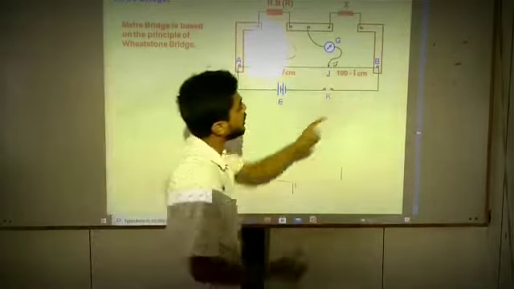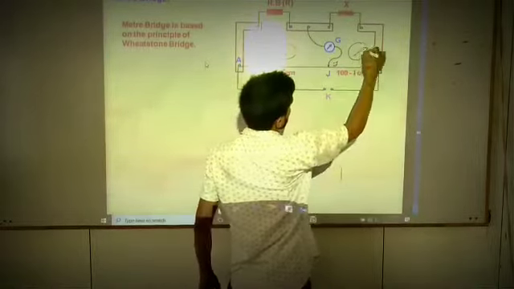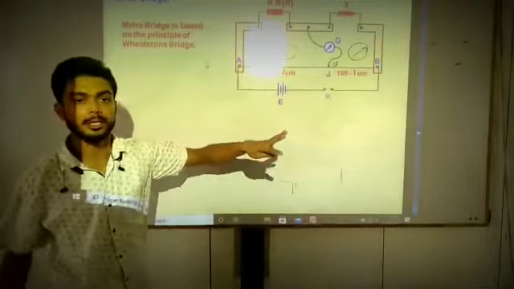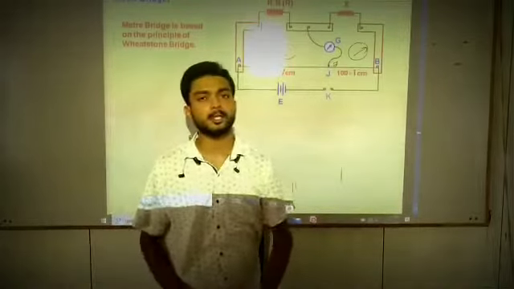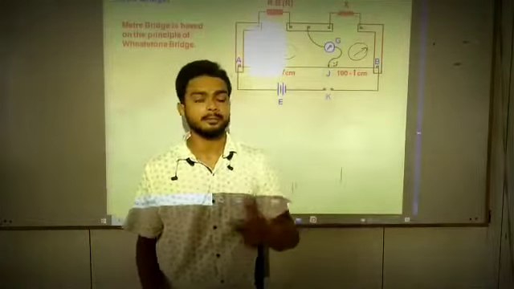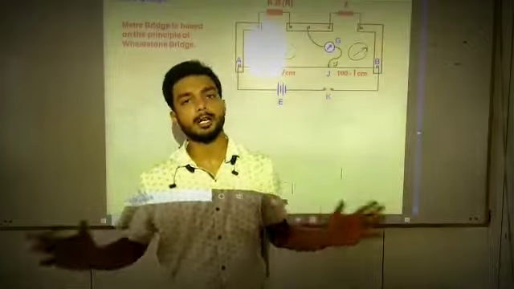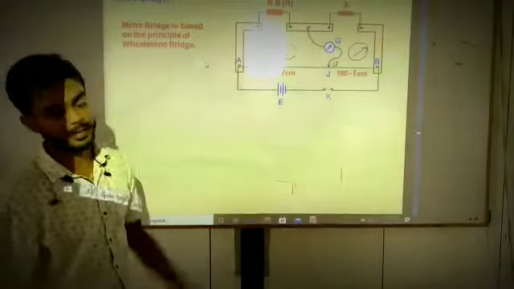When you touch the jockey at point B, the galvanometer will show a right side deflection. If you find deflection of the galvanometer on both sides, then your connection is correct.